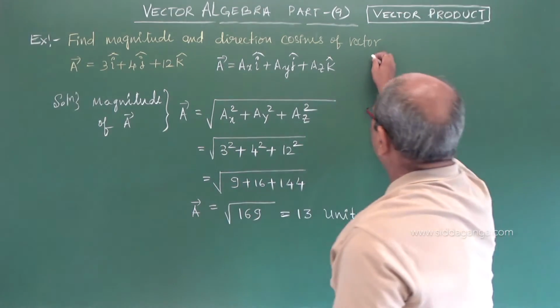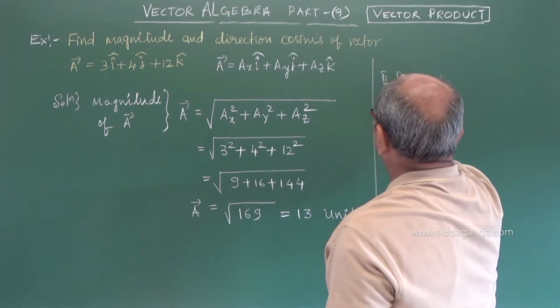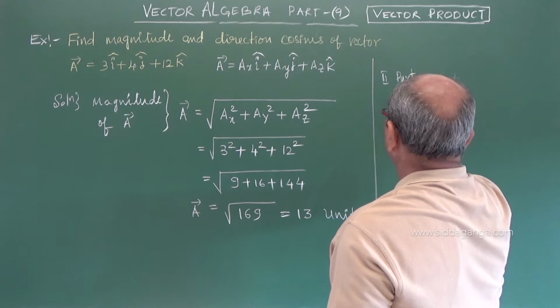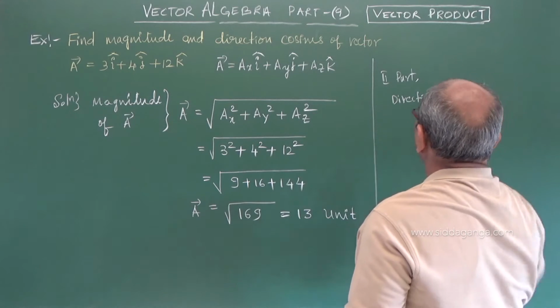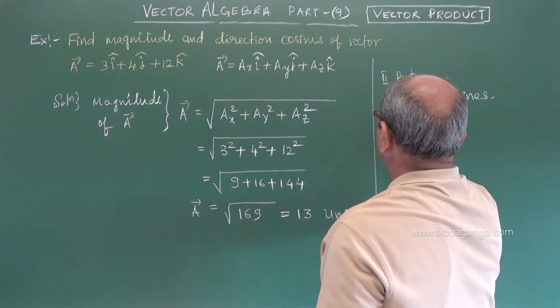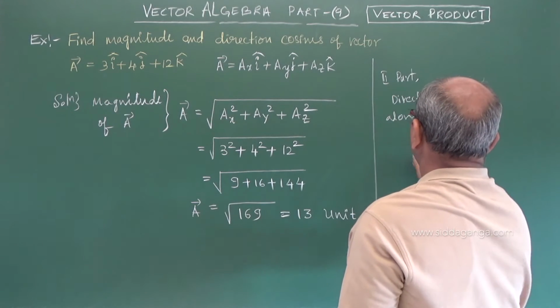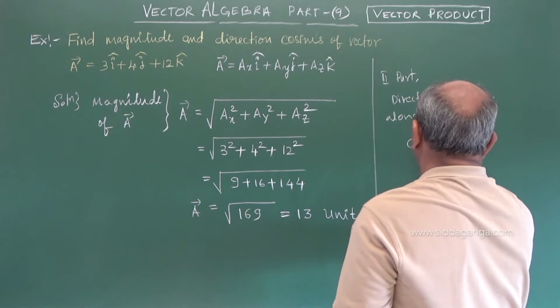Magnitude. Now the second part is direction cosines. Along the x-axis, cos alpha you write as ax by a.